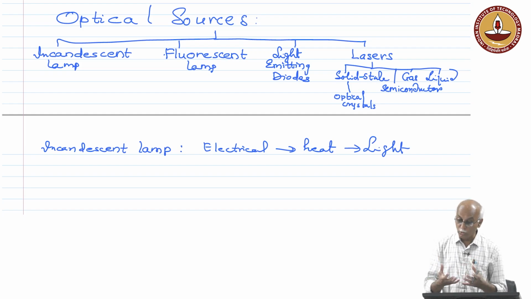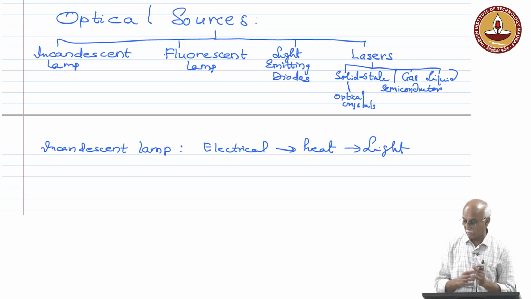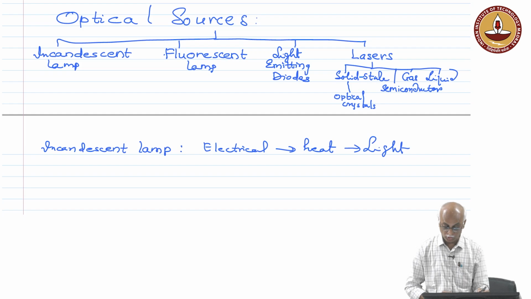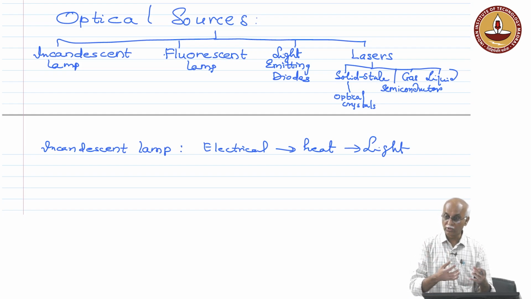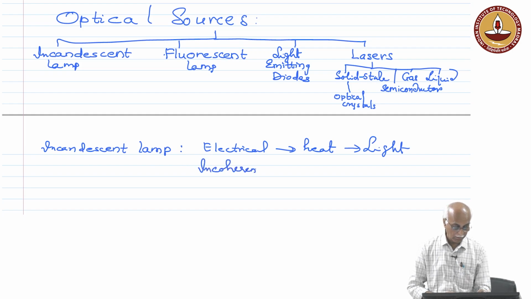Second point is that it is an incoherent light source, and how to couple that light source to certain measuring systems, maybe optical fibers, etcetera, is not very easy. So, it provides an incoherent light source, efficiency is low and heat generation is quite large with respect to the output.